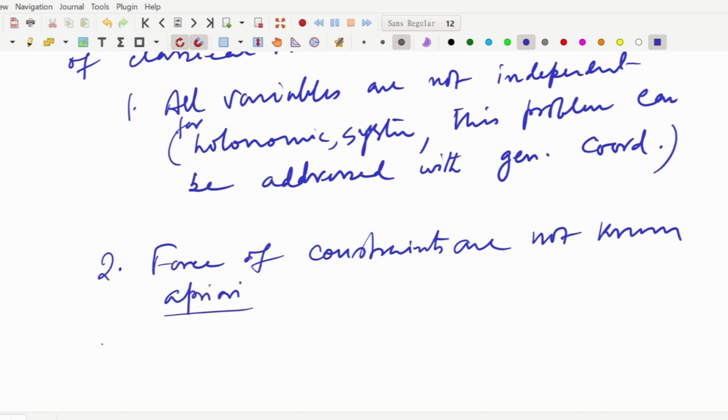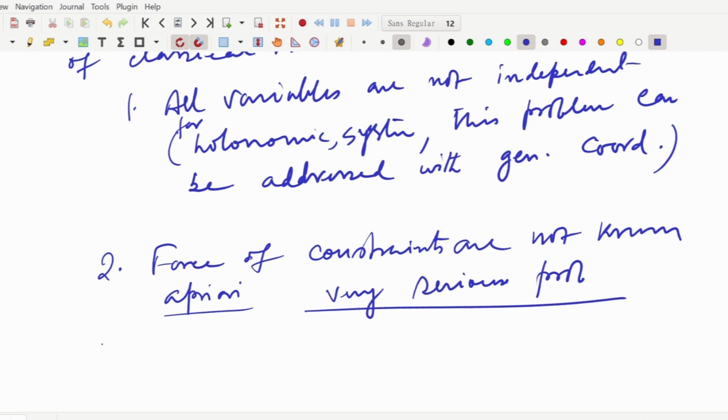If we don't know the forces of constraint, then how will we tackle those? So this is a very serious problem, and we need to develop some theory, some technique, some trick to address this problem. And that is D'Alembert's principle and virtual work.